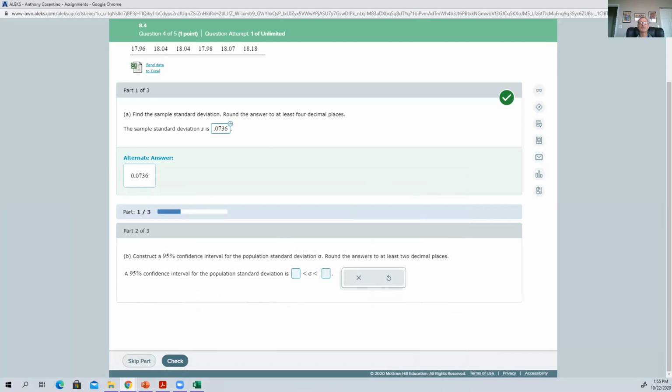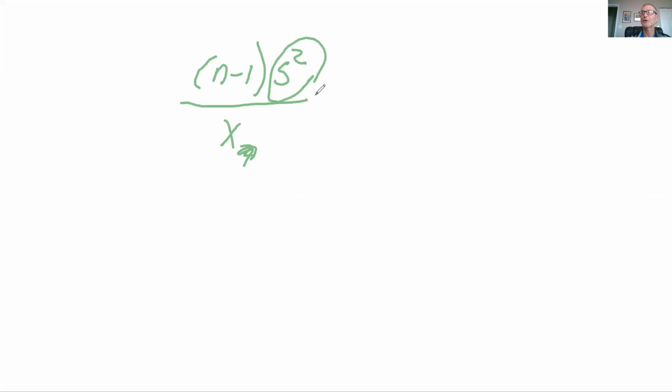So what's next? Well, let me pull up the whiteboard to show you the formula again. So the formula is this: n minus 1 times s squared divided by that chi thing. And so what is s squared? That's our variance. So what did we calculate? Standard deviation.